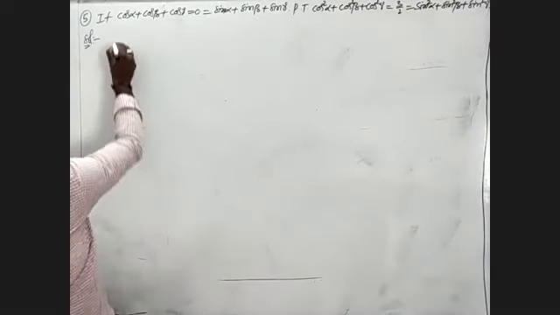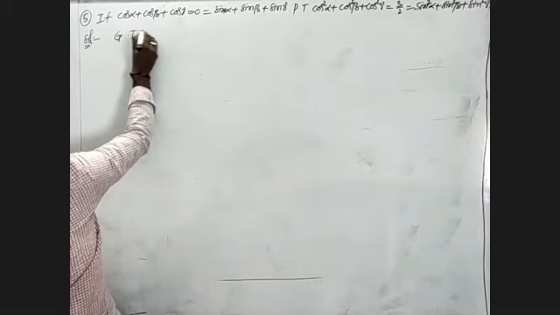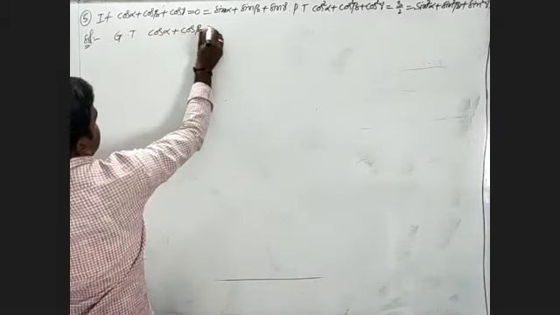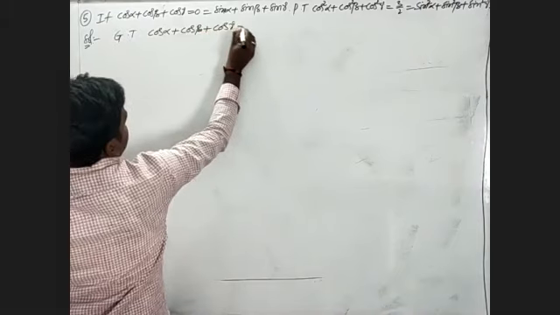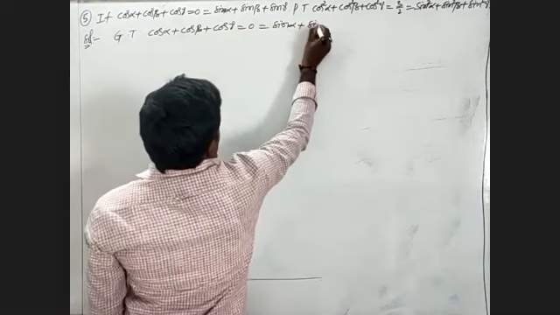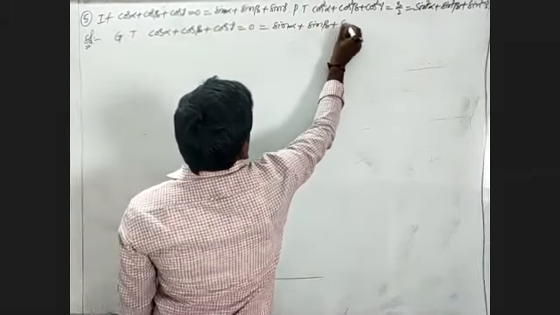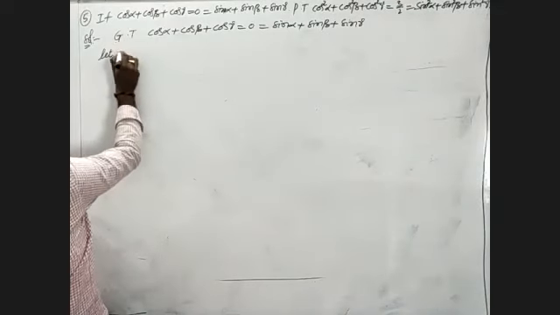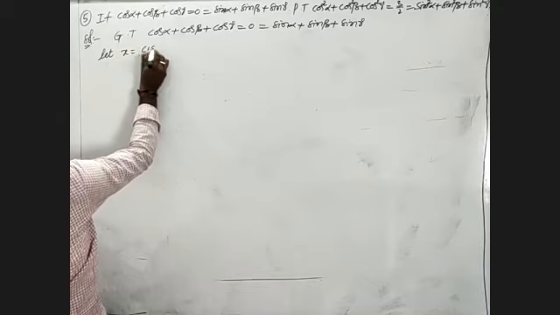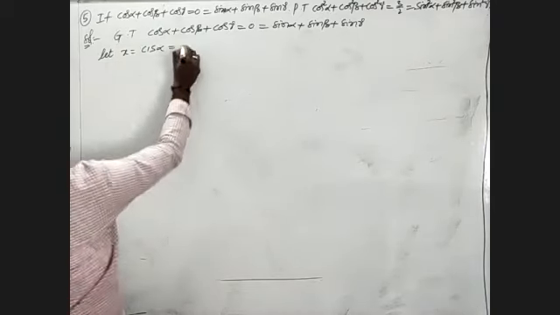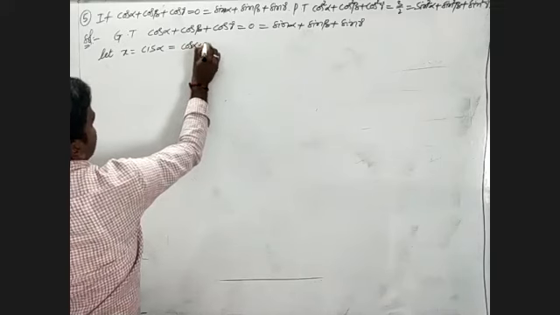First, what is given in this problem? I will write cos alpha plus cos beta plus cos gamma is equal to 0, is equal to sin alpha plus sin beta plus sin gamma. Let x is equal to cis alpha, which is nothing but cos alpha plus i sin alpha.